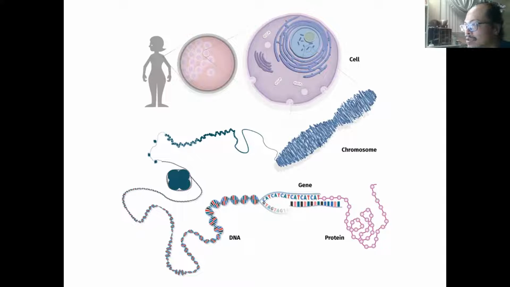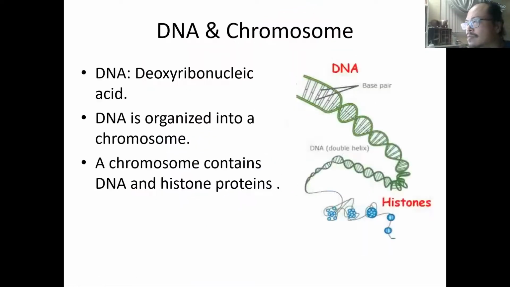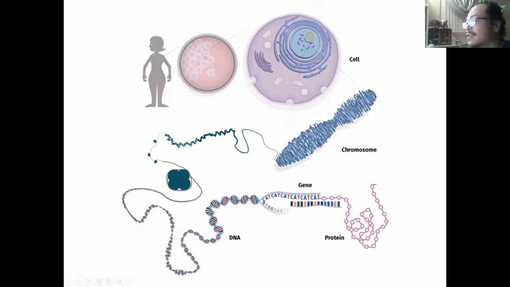And this string is very long, so we need to coil it and package it around these. These are the proteins, the histone proteins. And then it will wrap as a chromosome. Then this chromosome will be in the nucleus. So that is the relationship between DNA and the chromosome.